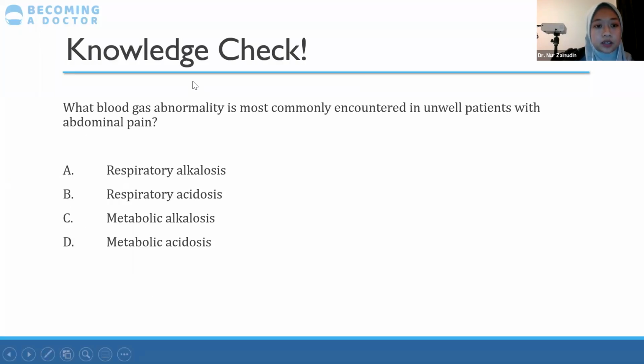Right, next question. What metabolic abnormality is most commonly encountered in unwell patients with abdominal pain?